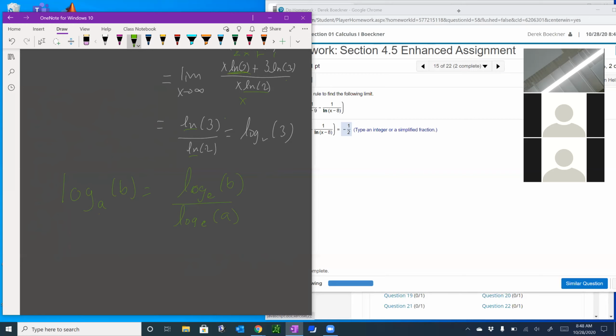Now these are just constants. x times a number plus another number. That's just a linear. This is a line. This is also a line. So you got a line over a line. You just divide by the leading term.